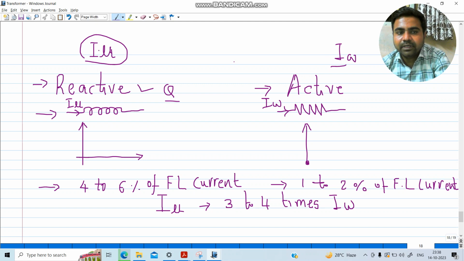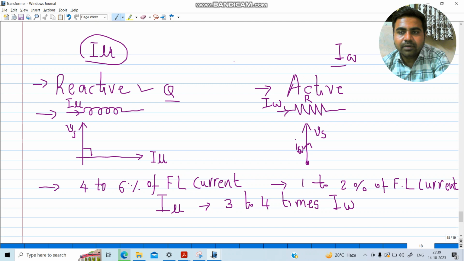We know the phasor diagram of a resistor: V and I both will be in phase, so its phasor diagram will look like this. Here it will be the working current.